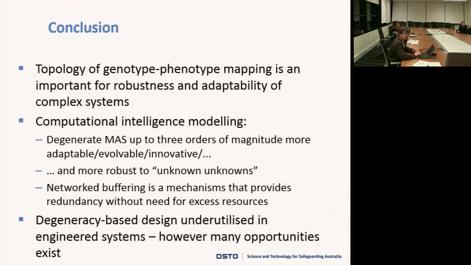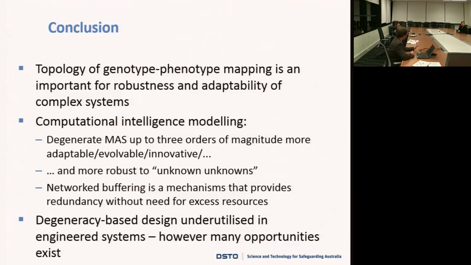I showed you a fairly comprehensive model where we showed that degeneracy-based multi-agent systems are much more able to adapt, evolve, innovate, and that they are more robust to unknowns, to unexpected change. And network buffering is quite an important mechanism that provides you with this robustness.